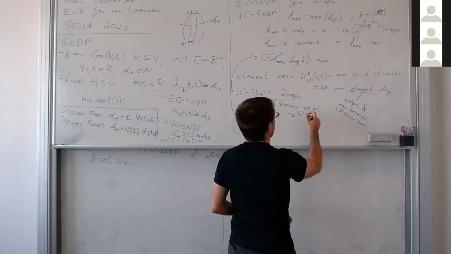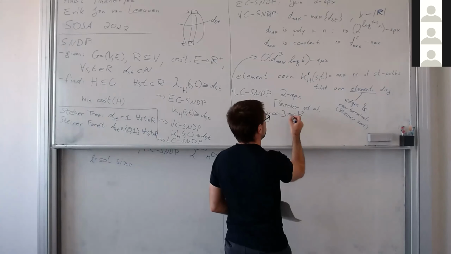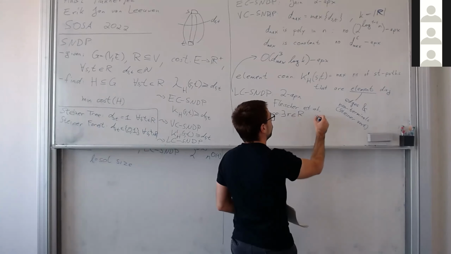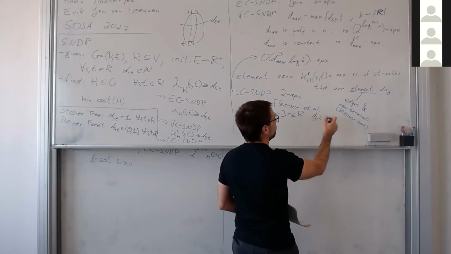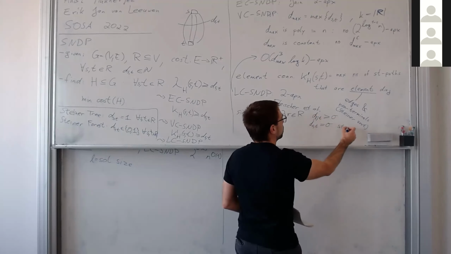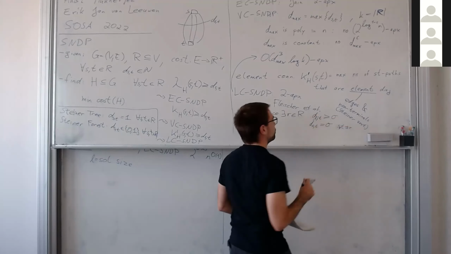So the demand between the root and a terminal can be non-negative, but for any S and T that are not the root, the demand is 0.